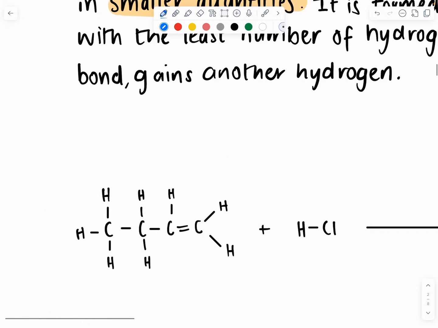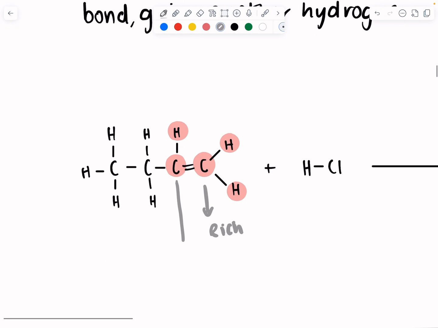So if we look at the 2 carbons involved in the double bond, which one is the carbon which has the most hydrogens? This one has 2 hydrogens. This carbon in the double bond only has 1. So we can say that this carbon over here on the right is the rich carbon, and this carbon over here on the left side of the double bond is the poor carbon.